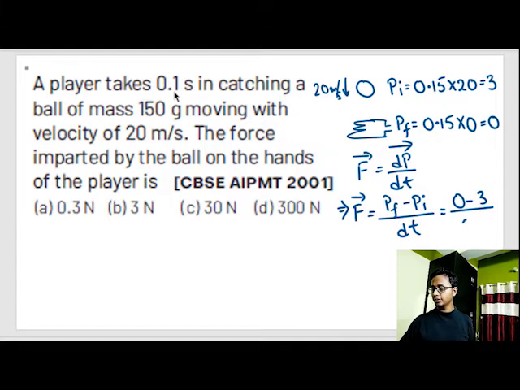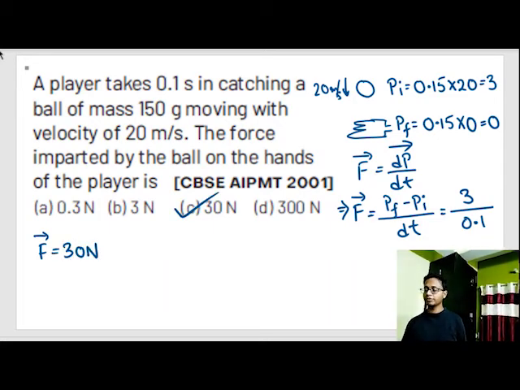Sorry, 3 divided by 0.1. Initial momentum was not 0.3. Initial momentum was 3. So 3 divided by 0.1, our force comes out to be 30 Newton. So option number C is the correct option.